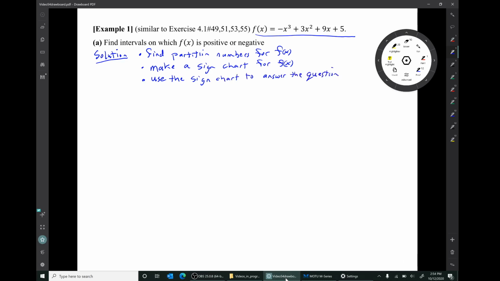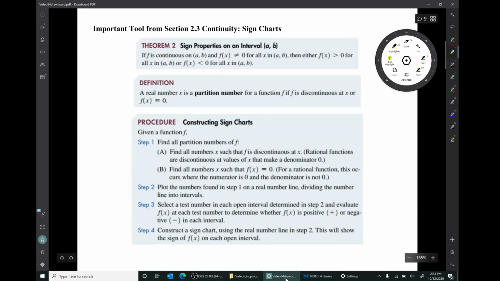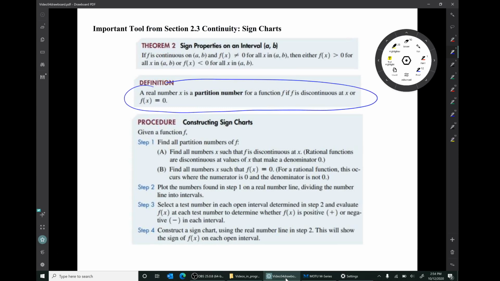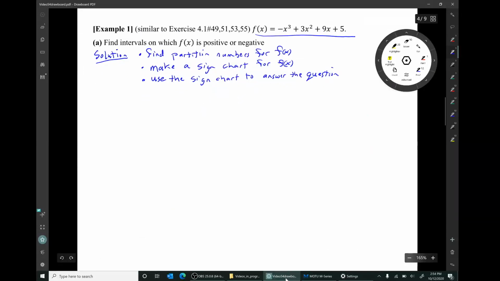Now, let's start with partition numbers. Remember the definition of partition number. A partition number is an x value that causes f to be discontinuous or causes f of x to be 0. Well, notice that our function is a polynomial. So polynomials are always continuous. So there are no bad x values.